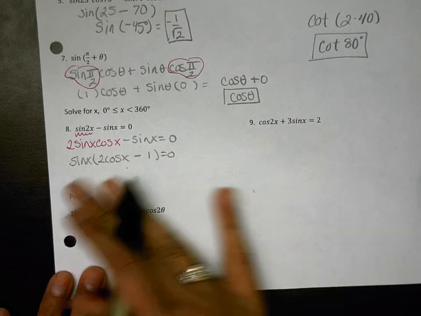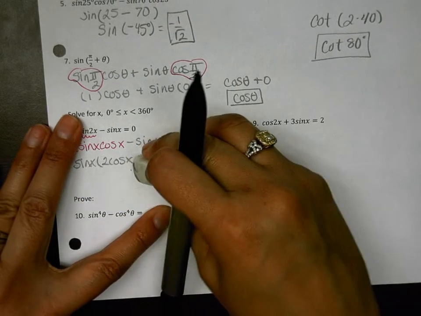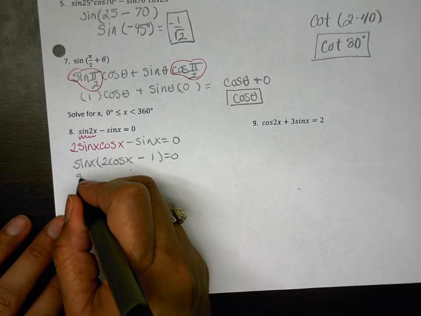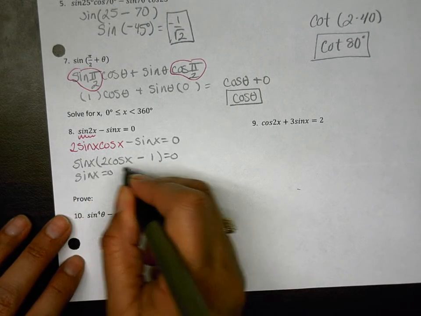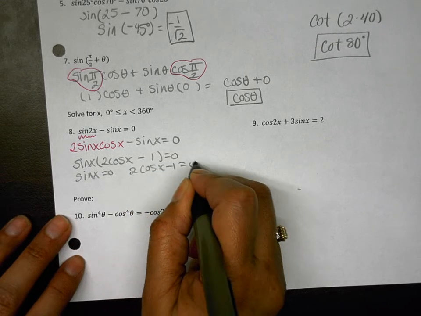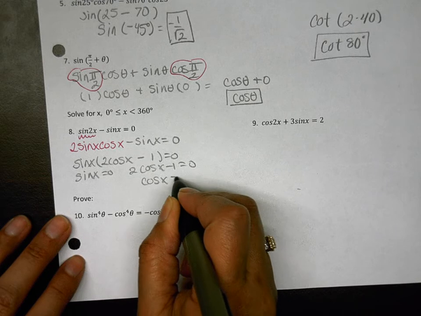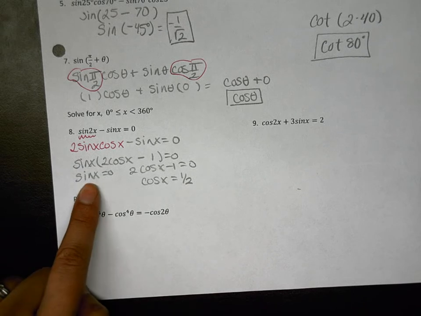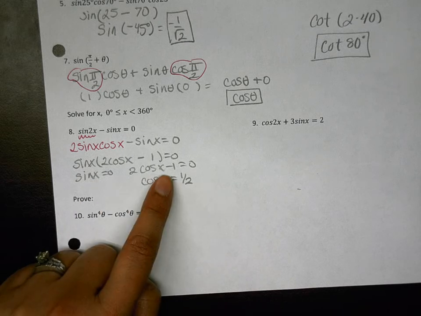And I only GCF and factor because it equals 0. And I can use my zero product property. Cosine x equals 1/2, sine x equals 0. There's going to be a total of 4 answers, 2 for sine x equals 0, 2 for cosine x equals 1/2.